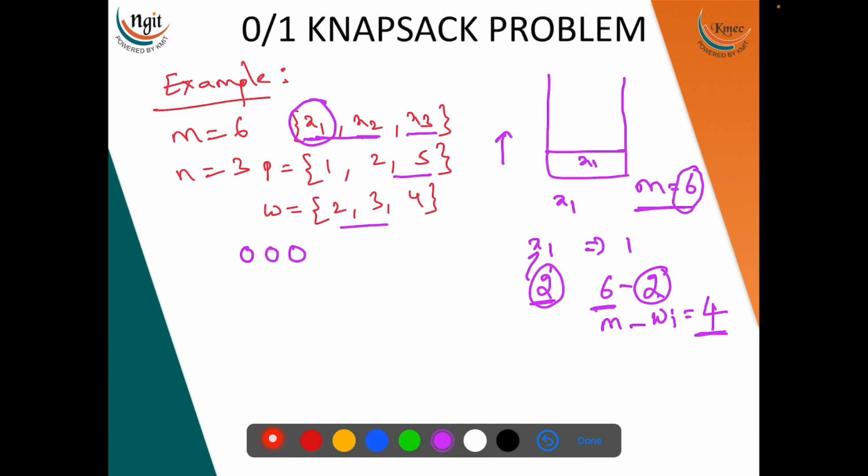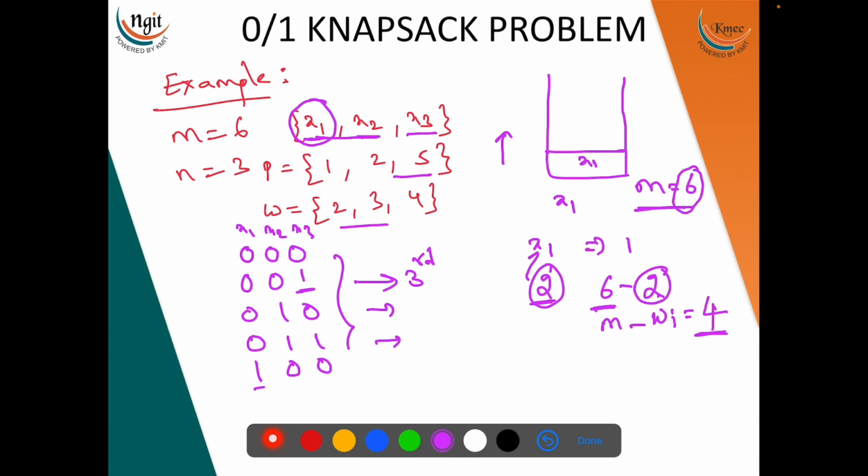The next is 0, 0, 1, which means the third object is placed, with positions x1, x2, x3. Then the second object is placed, then second and third are placed, then only the first is placed.